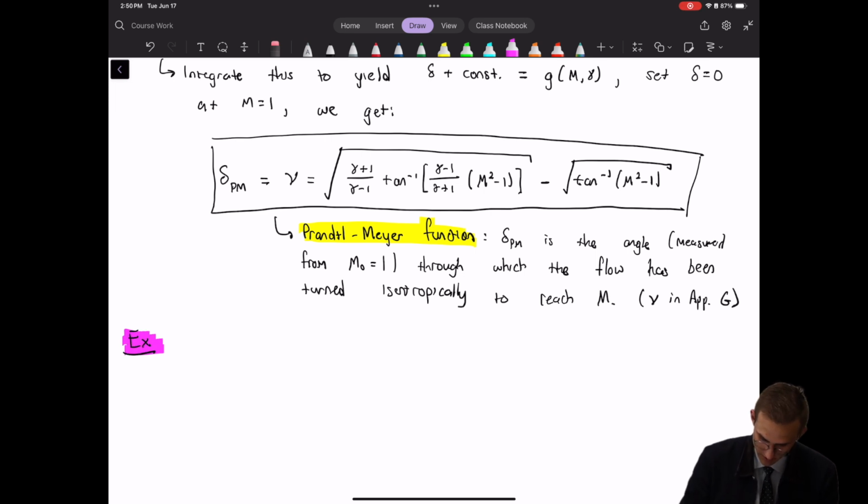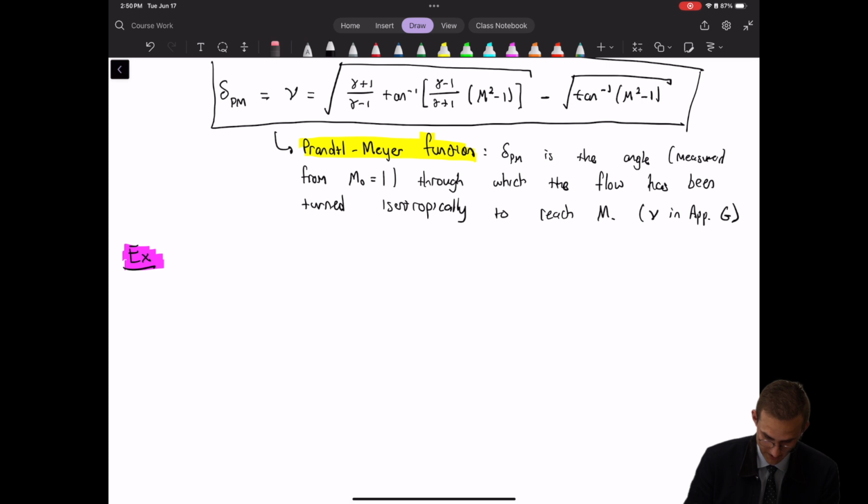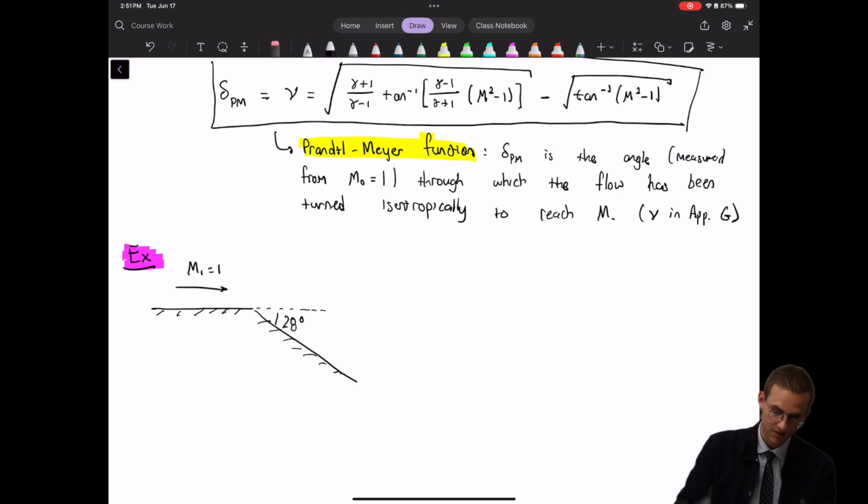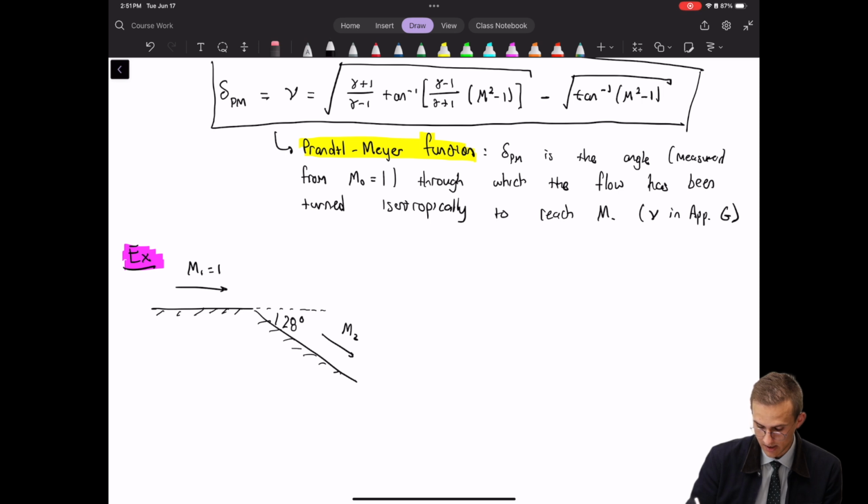In the first example, let's start with M1 equal to 1 so that it matches the definition. We have M1 equals 1, and then we have a deflection angle of 28 degrees. The question we would be asking is, after we change the flow through an isentropic expansion through 28 degrees, what would M2 be?